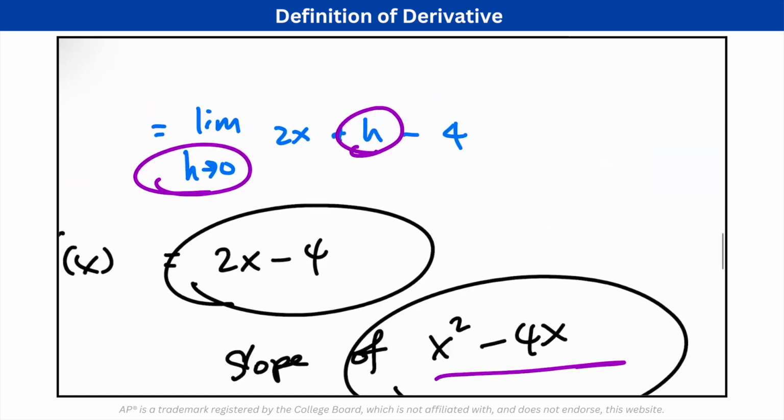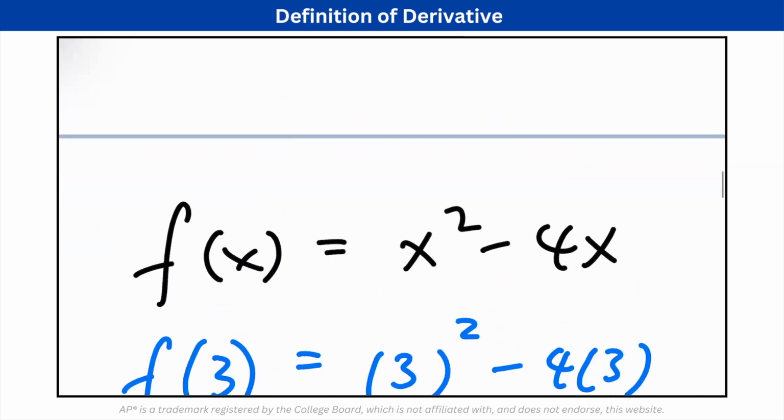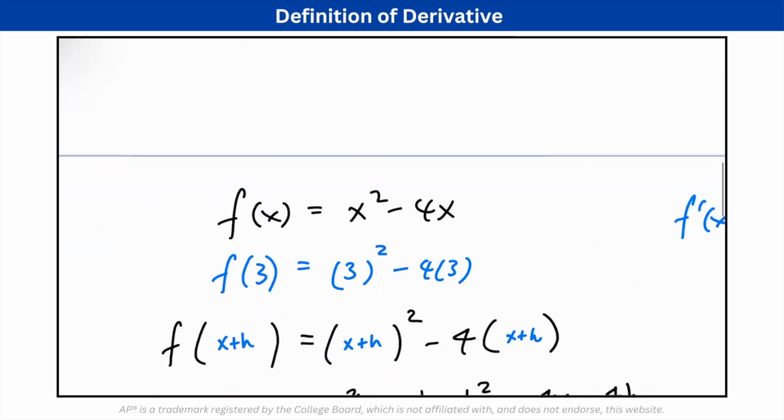It's a slope of x squared minus 4x at any x value. What is x squared minus 4x? The function itself that is representing all the points. Meaning what? If you have an x value, you can always find the y value. Always. Okay? All right.